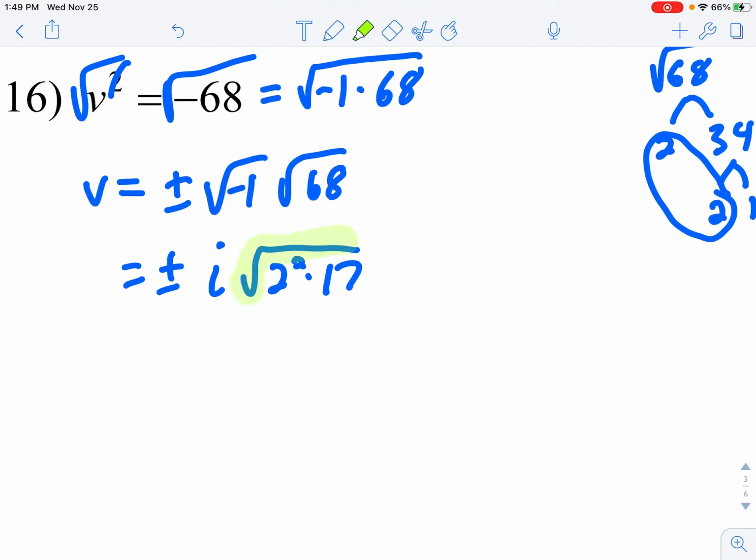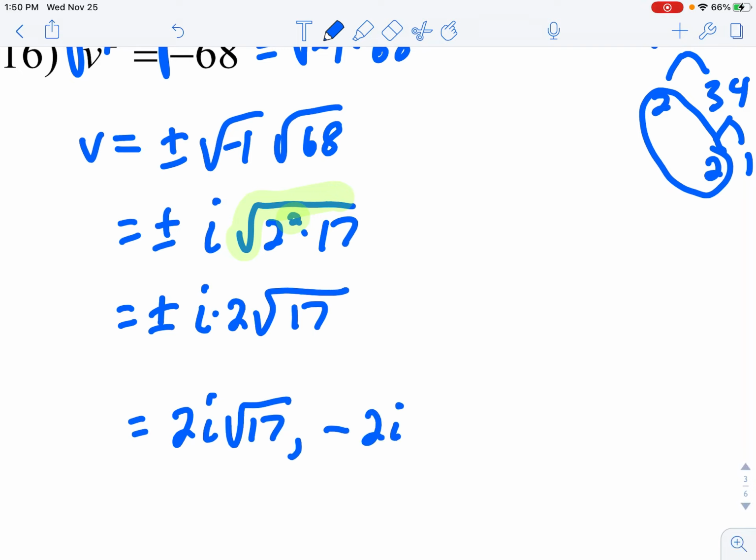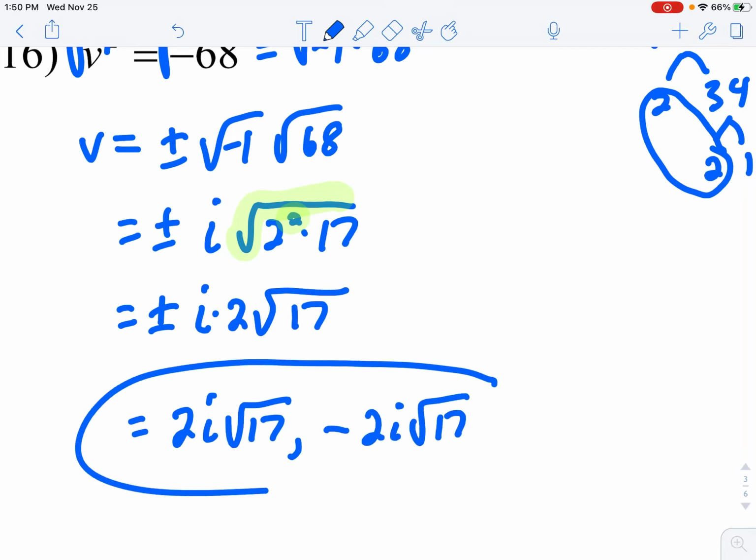The square root and the one with a square simplify, so plus minus i. We can simplify out that 2, but the 17 is going to stay radical. So plus or minus i times 2 square root of 17. The way to write your final answer is positive 2i square root of 17, negative 2i square root of 17.